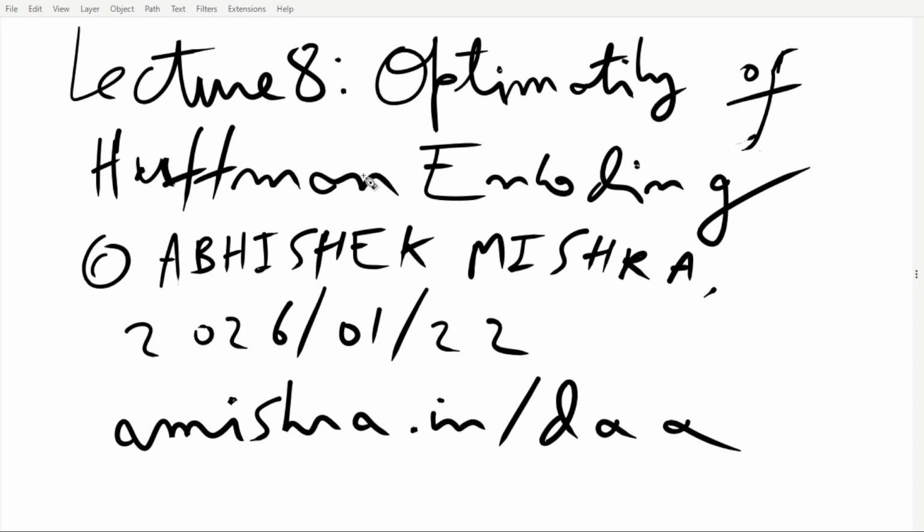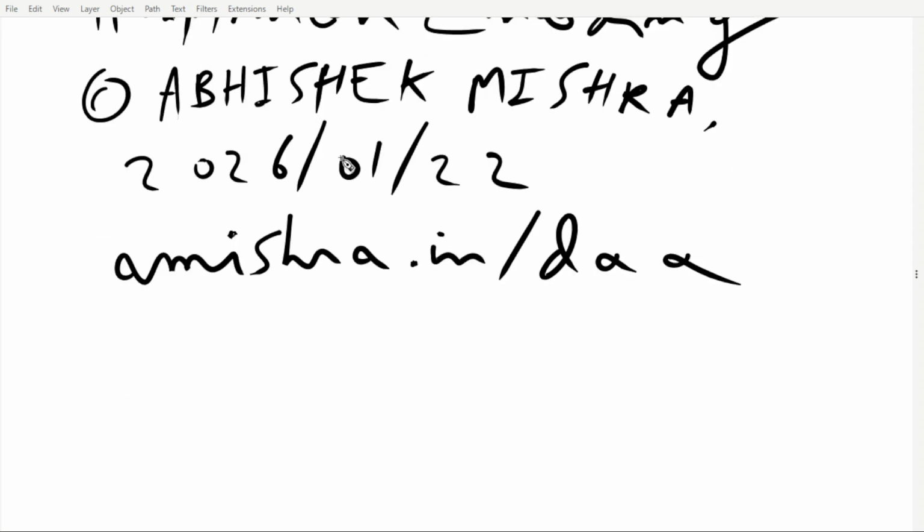So we'll continue our discussion of Huffman's algorithm, and we'll prove that the Huffman algorithm gives us the optimal prefix code with minimum possible average bit length.